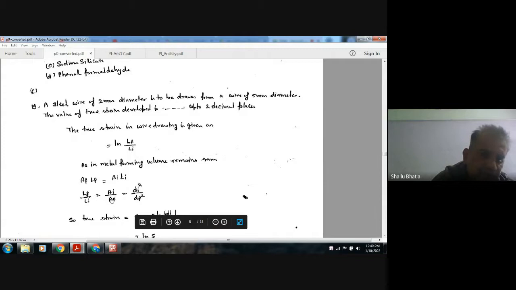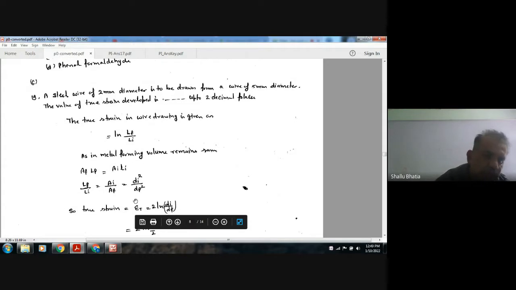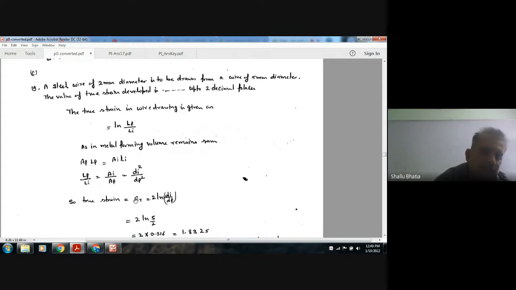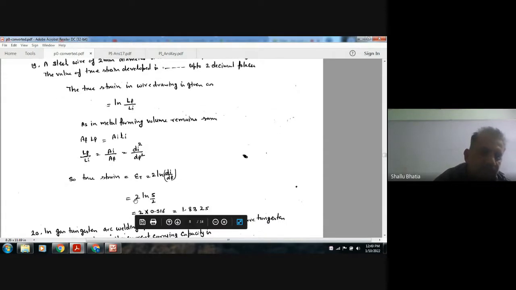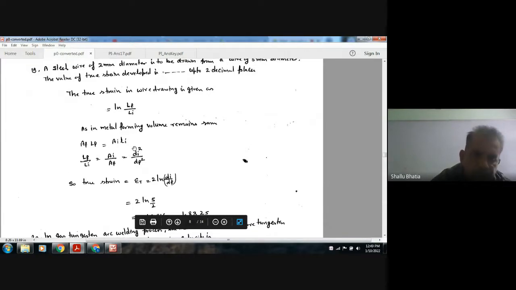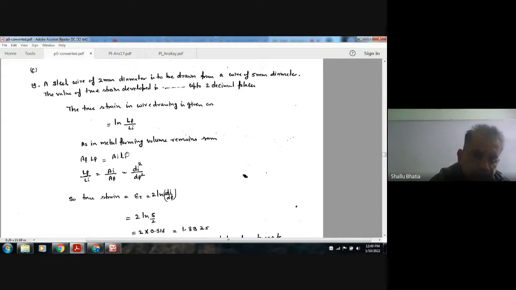So LF by LI is AI by AF, or DI square by DF square, because the wire has a round cross section, so diameter is D. So the true strain can be expressed as ln AI by AF, where AI by AF is DI square by DF square.